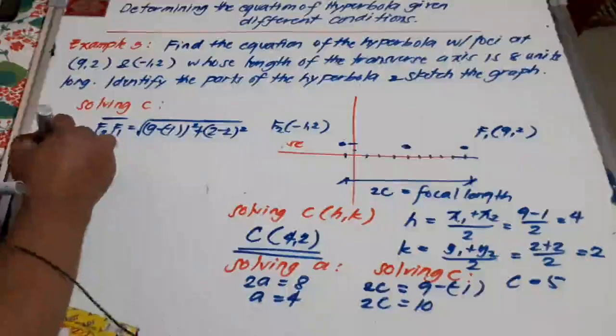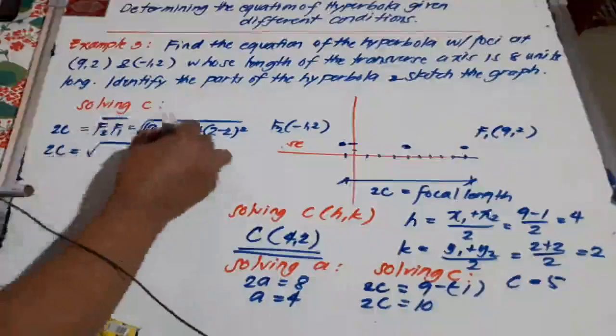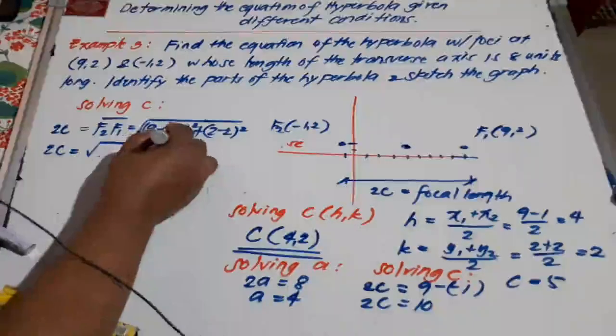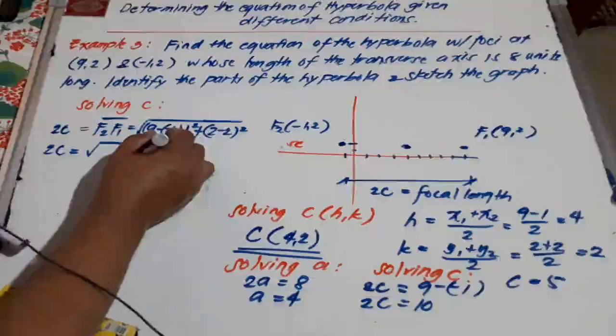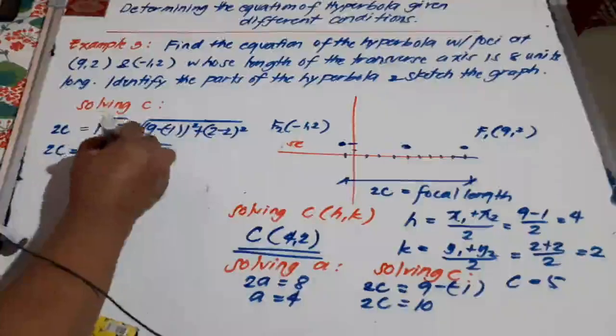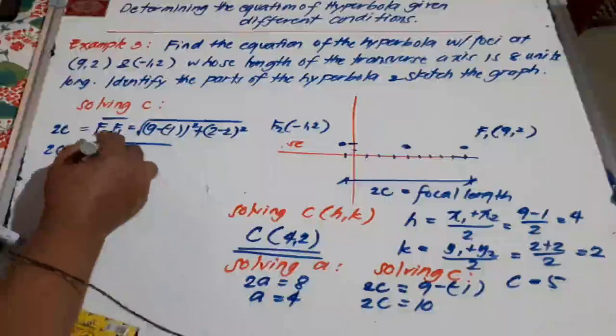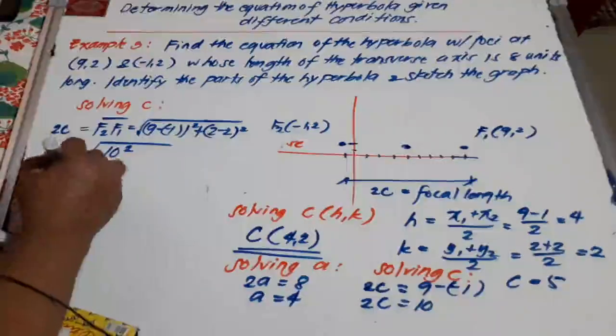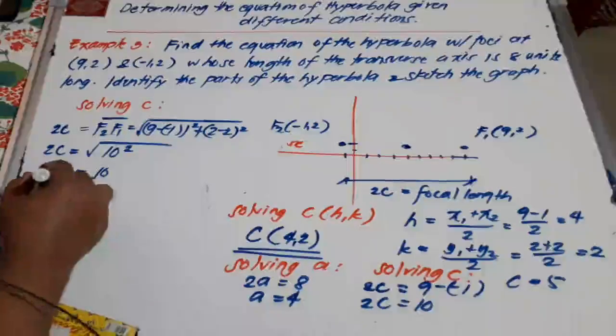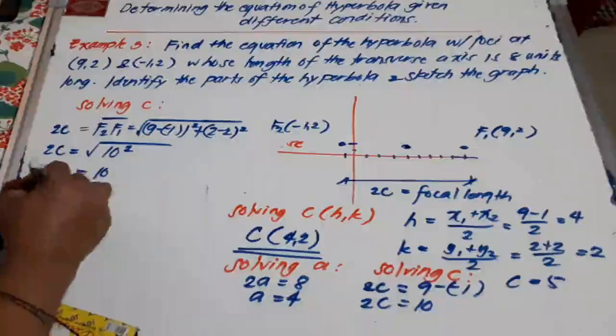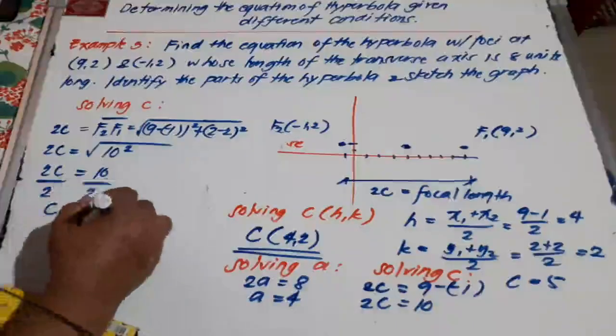That will be 2C equals square root of 9 minus 1 is 10, so 10 squared. Square root of 10 squared is 10. And so dividing both sides by 2, therefore C equals 5.